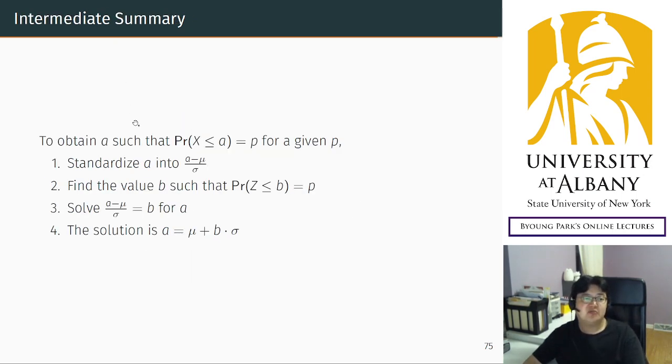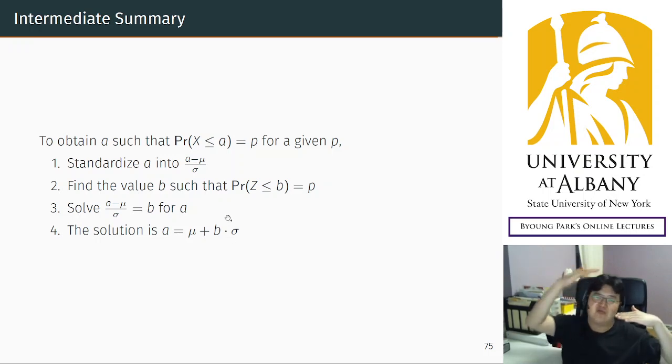So a summary, intermediate summary, what we just learned is, given P, you'd like to calculate A, then standardize A first, and then find B that satisfies this equality, same structure, and then match them. And then in the end, you will get A equals the average plus or minus standard deviation.